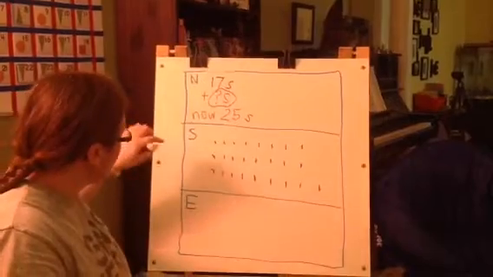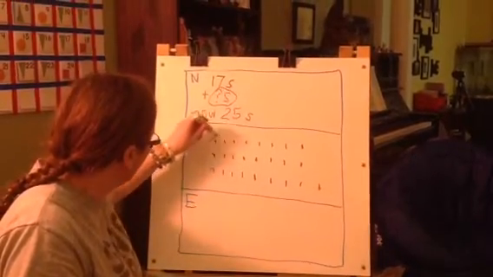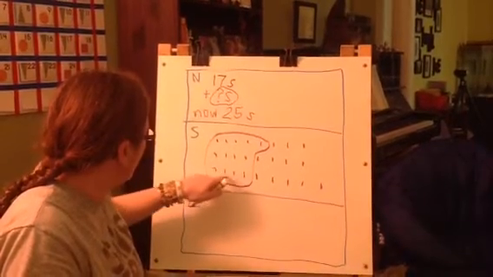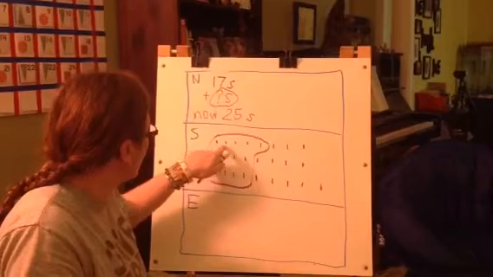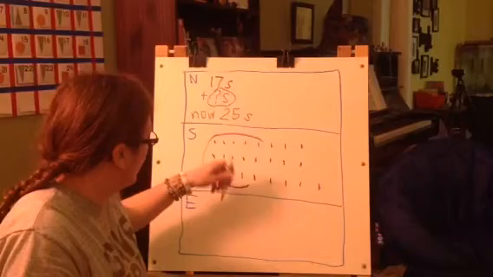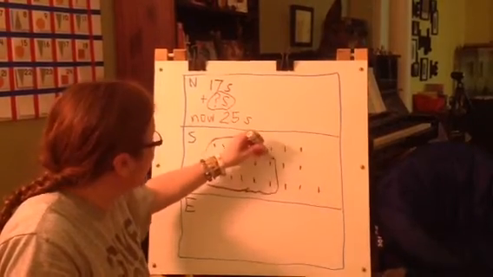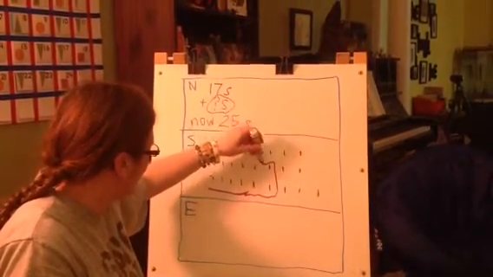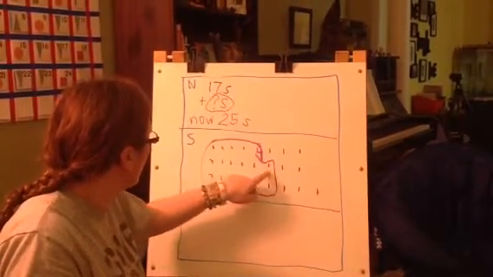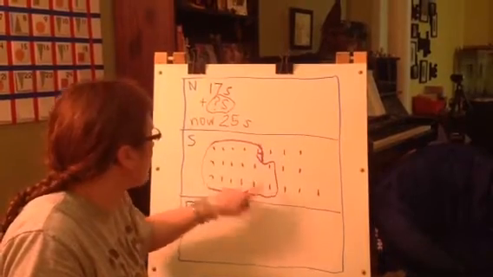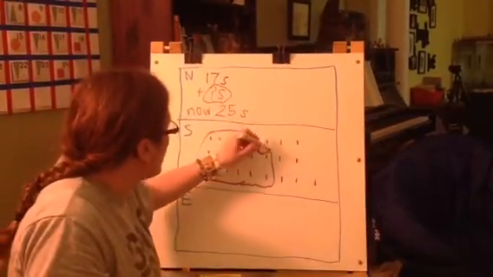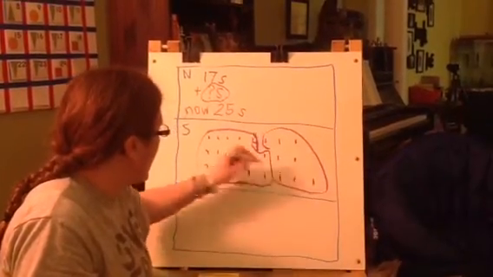So Miss Drass had 17 shells. 1, 2, 3, 4, 5, 6, 7, 8, 9, 10, 11, 12, 13, 14, 15, 16, 17. Okay, those are the 17 shells that Miss Drass had. So these are the other shells that Kaylin gave to her.